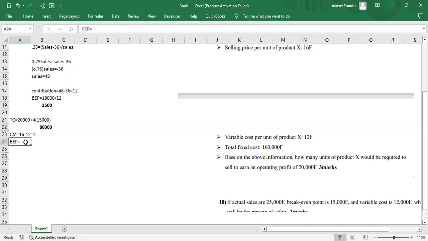So the BEP in units will be what? Fixed cost. What's the value of fixed cost here? 160,000 divided by our contribution, which is 4. So divide that, please, and give me the answer.